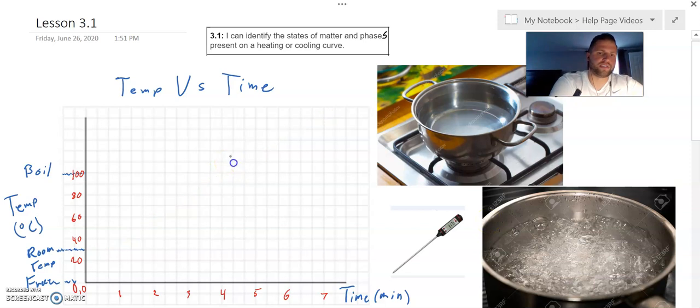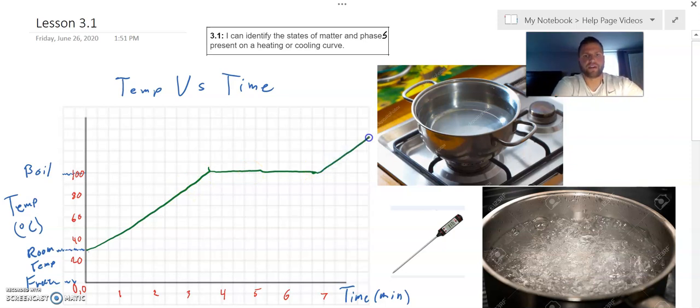So let's go ahead, let's erase this, and this is what it would look like. We would have a diagonal going up to 100, but as soon as we hit 100, we find that the graph actually plateaus. There's an incline, and then there's a flat part that continues. The water would eventually boil off, and then the graph would keep going up and up.